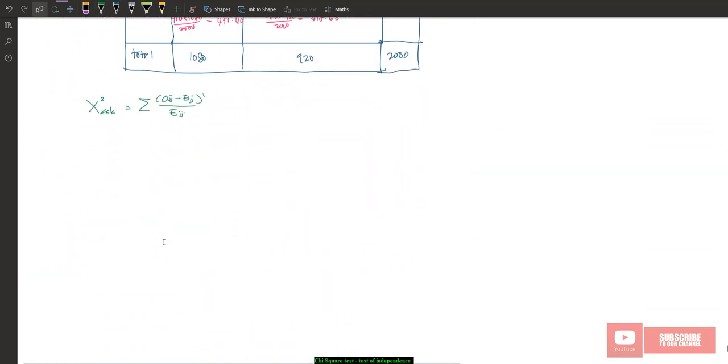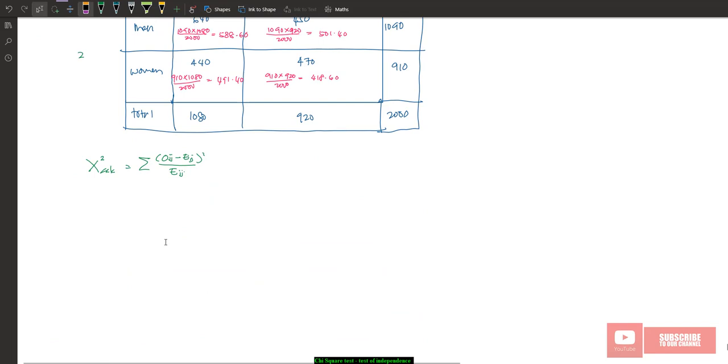So the formula here should be changed to the Yates correction formula. This is only applicable for a 2 by 2 table. So we take the modulus of observed frequency minus expected frequency, minus 0.5, and then squared, divided by the expected frequency.